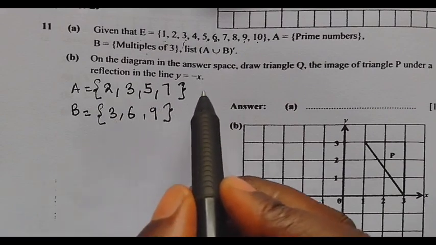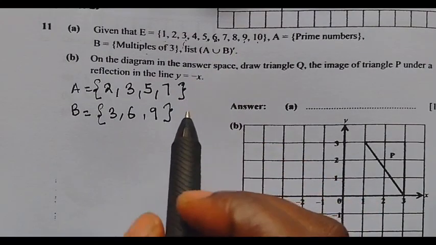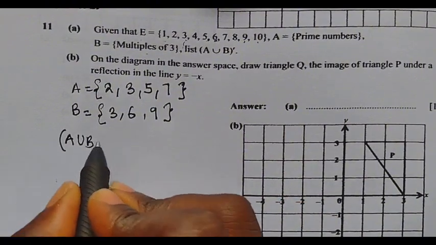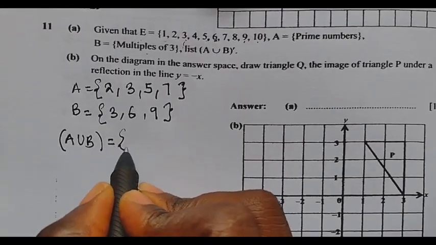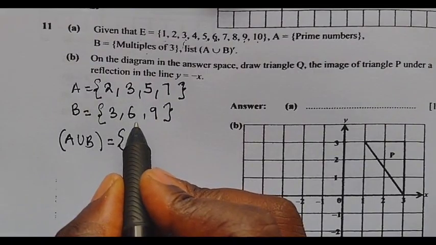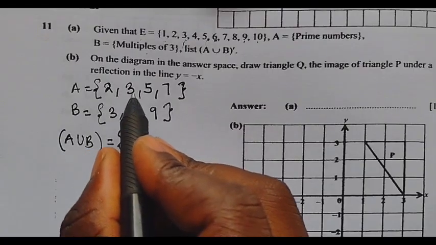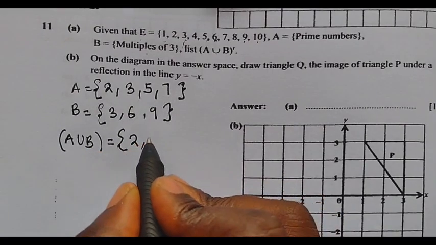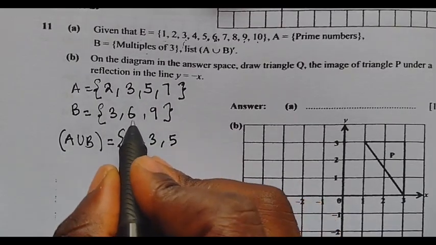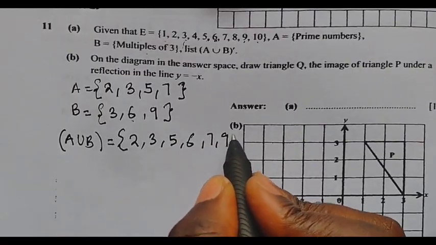Now the question is to find A union B in brackets, complement. First, let us find A union B. A union B simply means we combine the elements that are in A with those that are in B. So in combining these, we are going to have 2, 3, 5, 7, and I also put the 6 and 9.